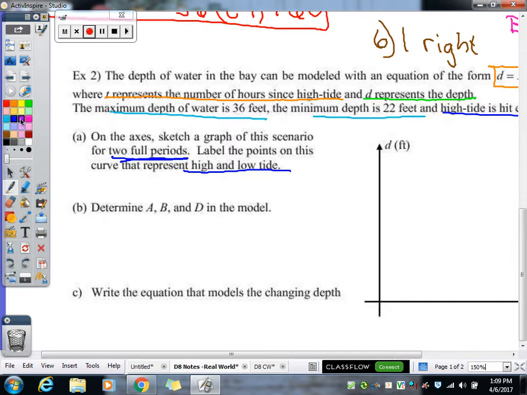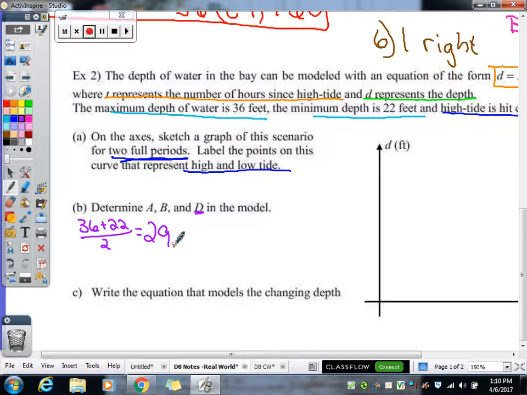So we have always done our D value first. We got to find our midline first. So that's our high plus our low divided by 2. That's going to give us our midline. So what do we get? 36 plus 22 divided by 2 is 29.